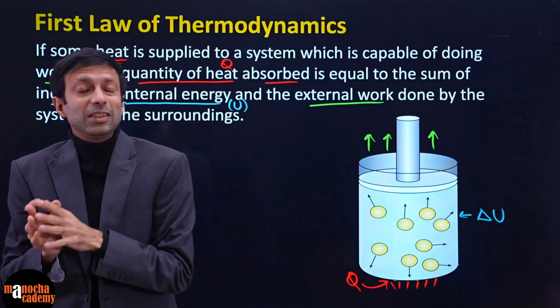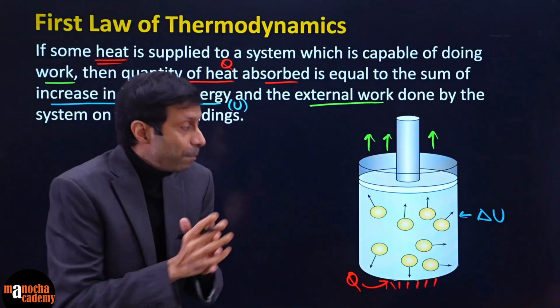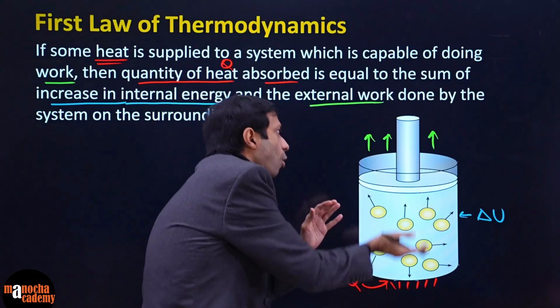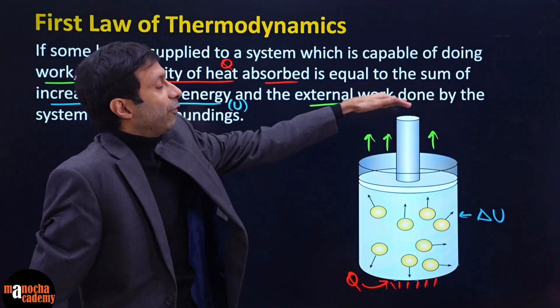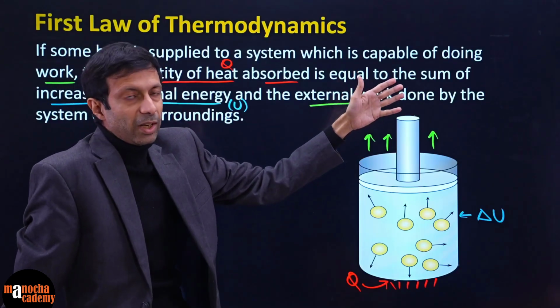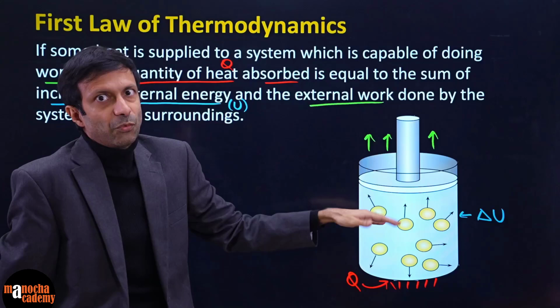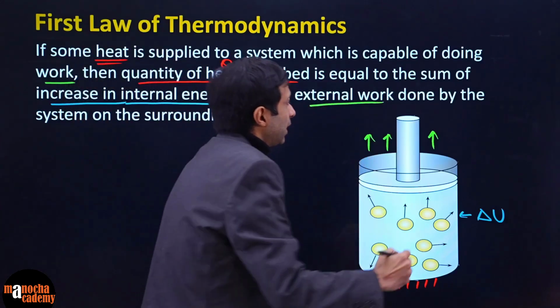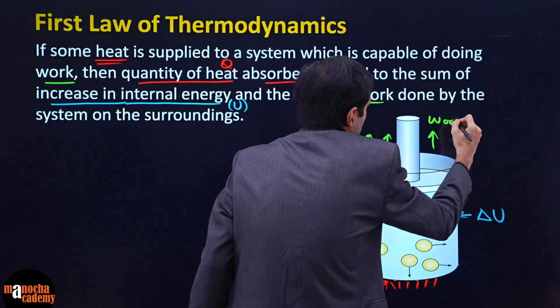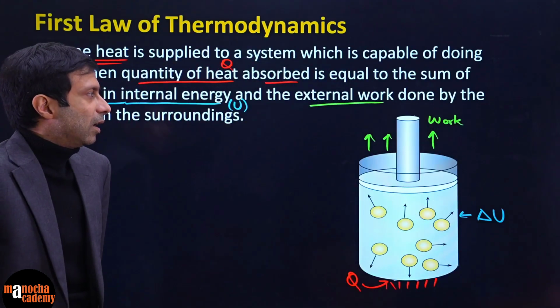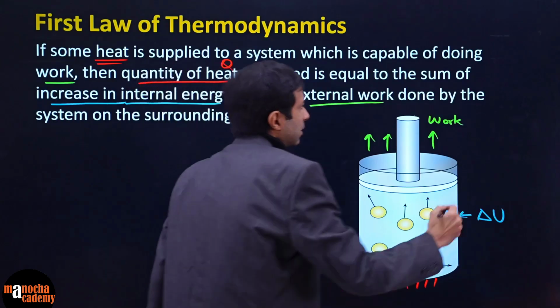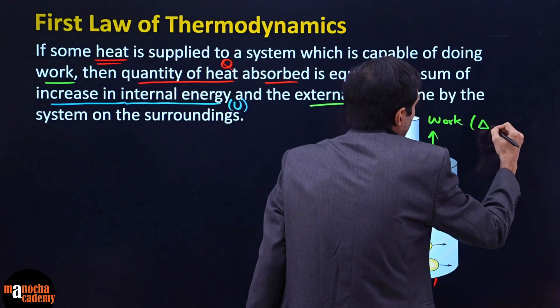So can I say there is some work being done by the system, which is our gas, on the piston, so on the surroundings? Like if you put a weight over here, that becomes the surroundings. So the piston is doing some work on the surroundings. Do you guys agree? And that work I can denote as delta W.